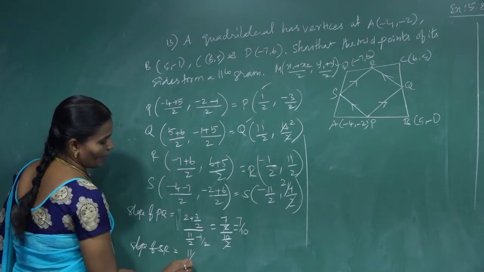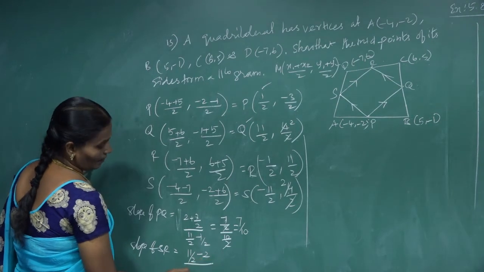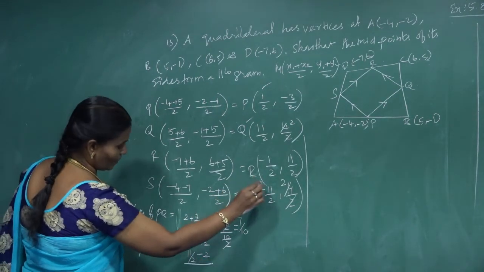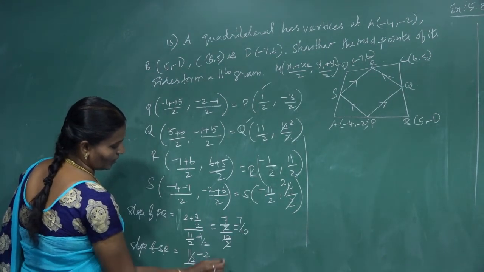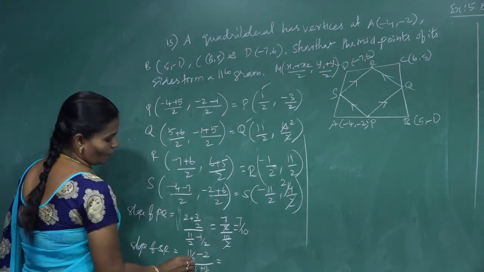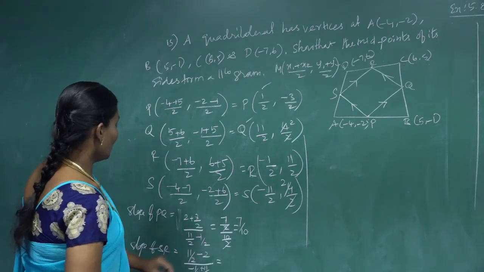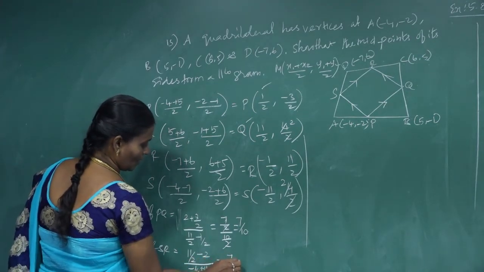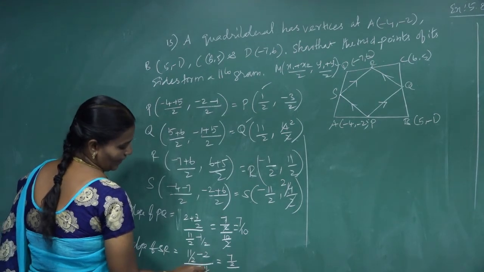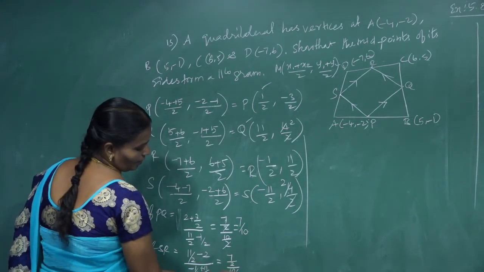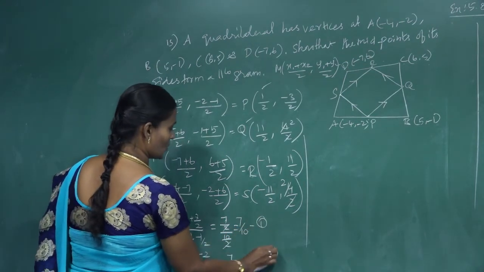Okay, so y2 is 11 by 2 minus 2, by, see SR, that's minus 1 by 2 plus 11 by 2. Here, 2 twos are 4. 11 minus 4 is 7. 7 by 2 by, here 10. 11 minus 1 is 10, 10 by 2. This gives 7 by 10. Okay, this is equation number 1. This is equation number 2.